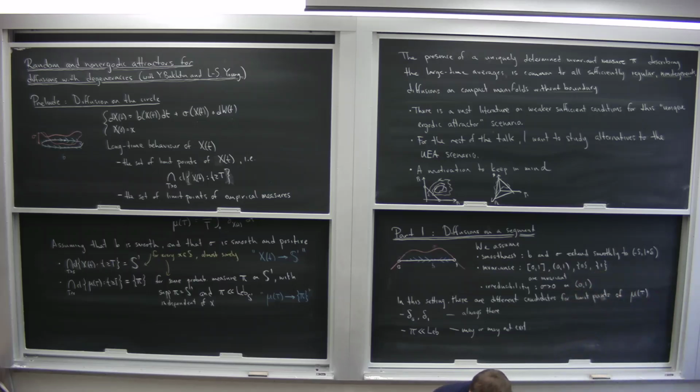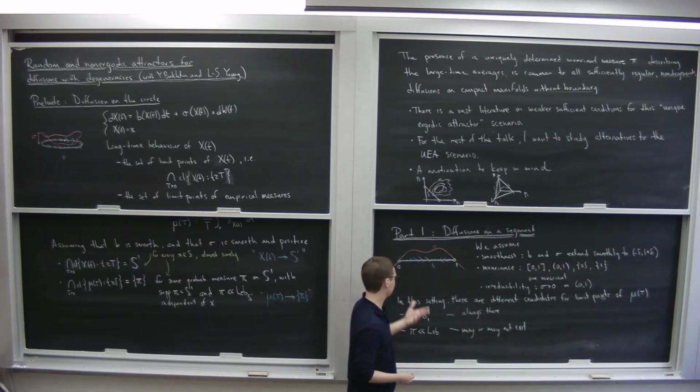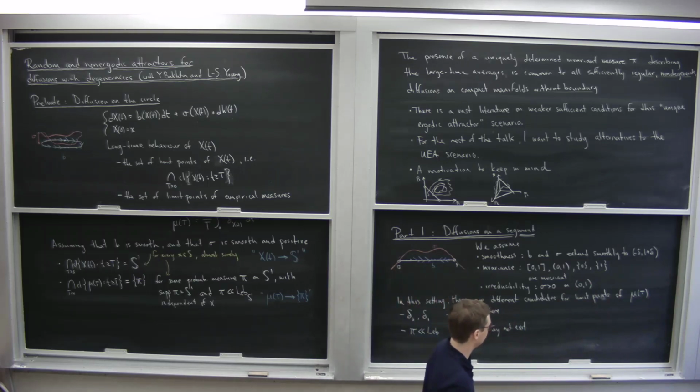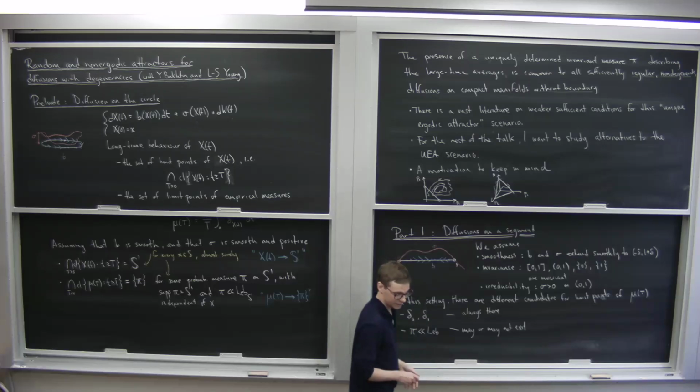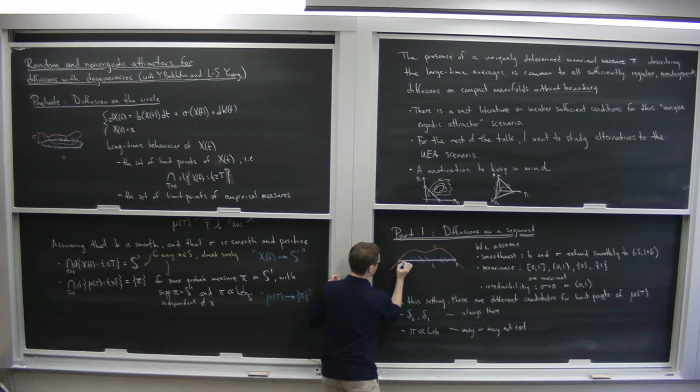So I'm making this genericity assumption, or if you want to use more technical language, this hyperbolicity assumption, that the derivative of b does not vanish at the endpoints. Then just by looking at the signs of these derivatives, I think you can convince yourself of what is going to happen. So let's start with the top left. If the derivative at 0 is positive and the derivative at 1 is negative, it means that, like in this picture, at both endpoints the vector field is pushing inwards.